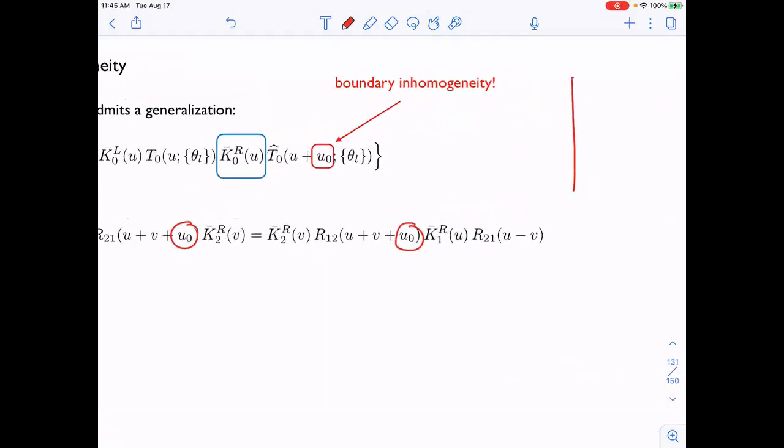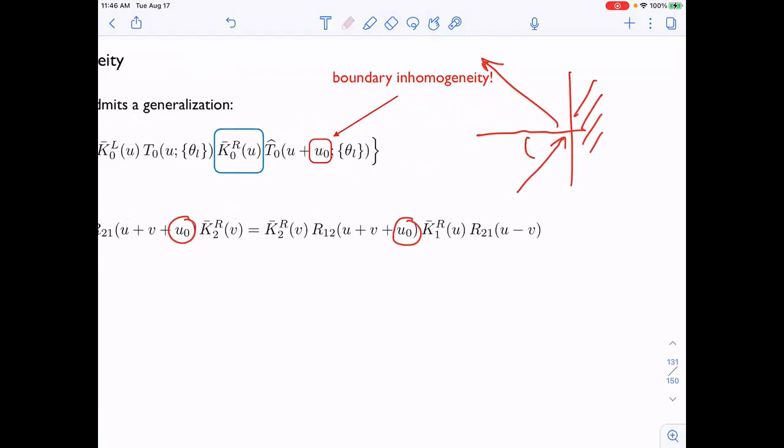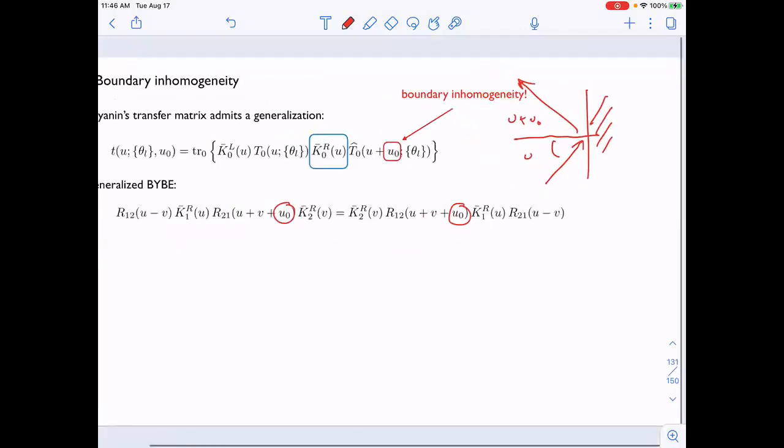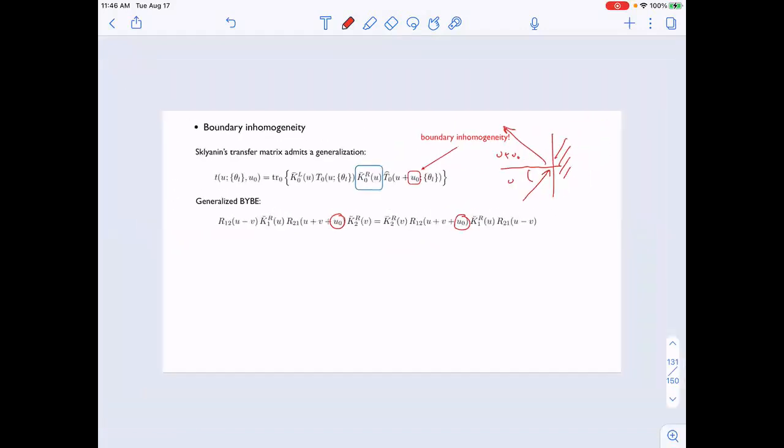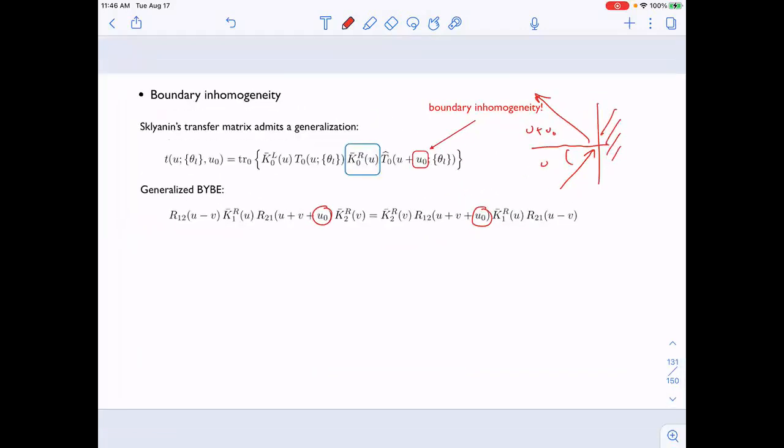So what's going on with this K matrix is that the particle comes in with some rapidity U, but then the angle is no longer U when it reflects, but something like U plus U naught. So you can also think of this as some kind of moving boundary, which is giving some rapidity to the particle when it reflects.